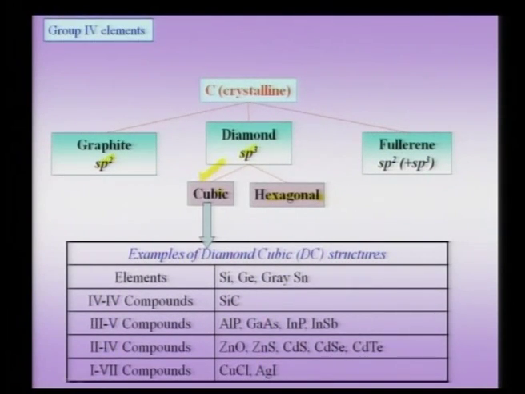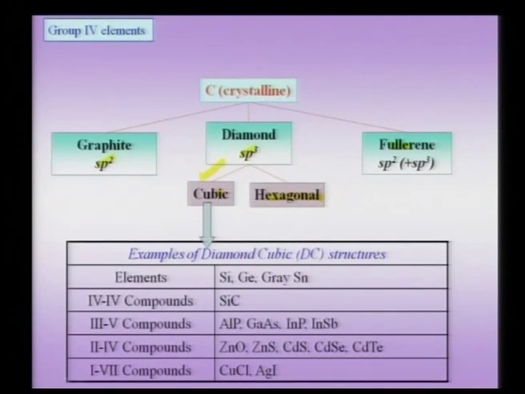The additional one is fullerene, and the important note is that fullerene does not have pure sp2 or pure sp3 hybridization. That is because a flat graphene sheet would be sp2 hybridized, while this is a case of a graphene sheet which is bent, and therefore the hybridization is not purely sp2.